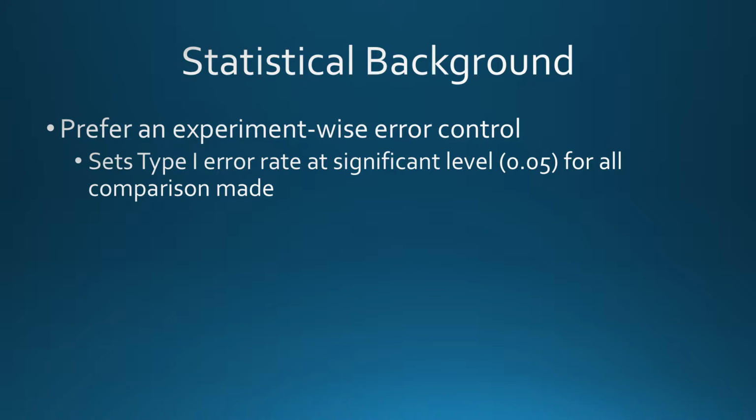So when we're trying to decide a mean separation technique to use, it is preferred to have an experiment-wise error control over a comparison-wise error control. The experiment-wise error control is going to set the type 1 error rate for all the comparisons that are made.